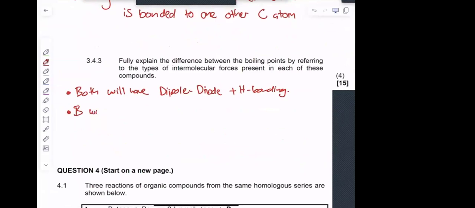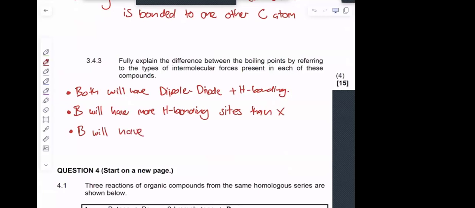B will have more hydrogen bonding sites than X, right? And as a result, it means that B will have stronger intermolecular forces than X. Okay, very important to note that when we are going through this.